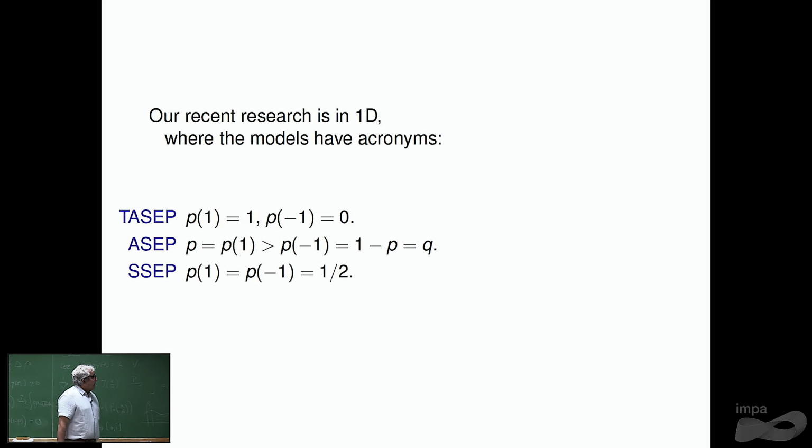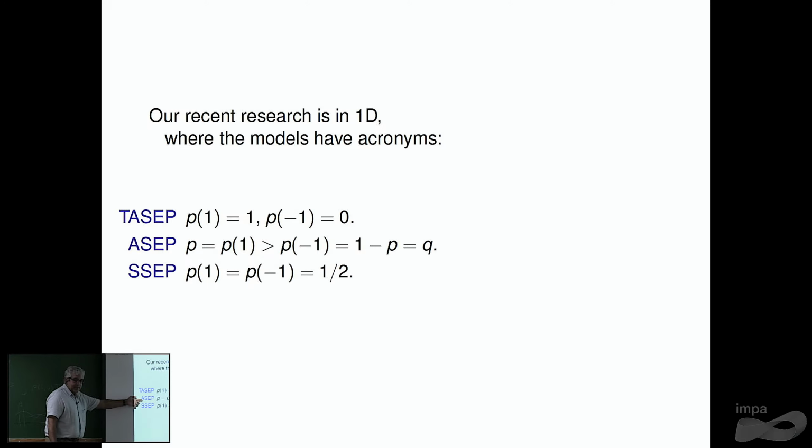We're going to be mostly focusing on one dimension, and for those who are new to the subject, there are some acronyms for these one-dimensional exclusion processes. You have TASEP, where you only move to the right. You have ASEP, where you can move right or possibly left.